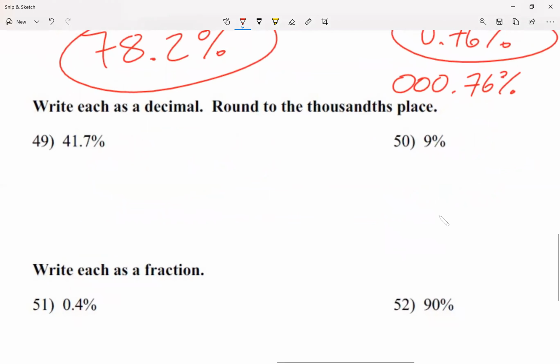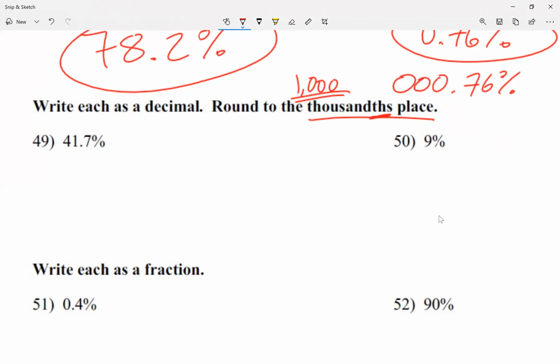Okay. Now let's take a look at number 49. Write each as a decimal. Round to the thousandths place. Okay. We're going to round thousandths place. Now, because it ends on the THS, that means it's a decimal point. Now, thousand, think about that. Doesn't that sound like the number 1,000? Right? Thousands.